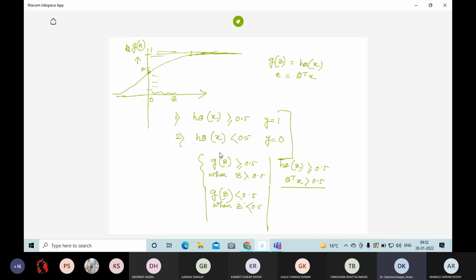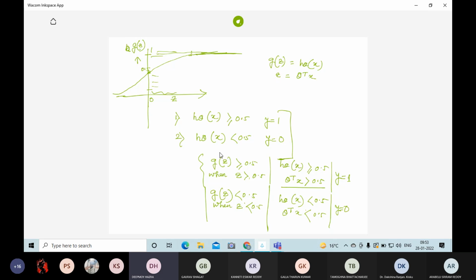From this observation we have h theta x less than 0.5 when theta transpose x is less than 0.5. From the first observation we decide the class label to be 1, and from the second observation we decide the class label to be 0.